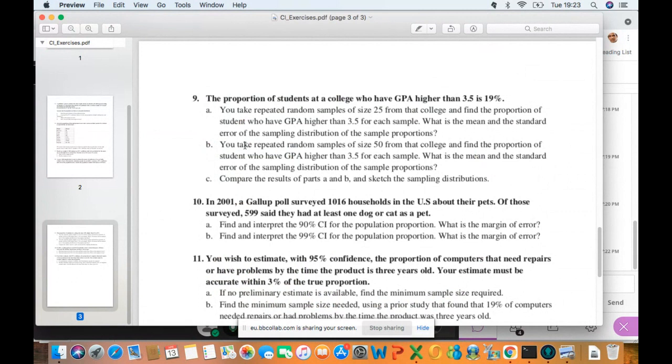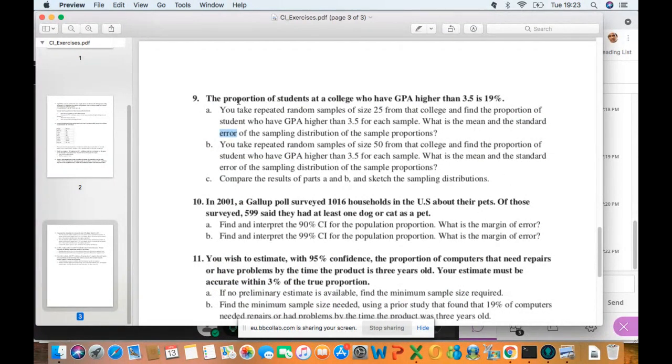What is the mean and the standard error of the sampling distribution for the sample proportions? I'm not going to be interested in the mean. The question I'm interested in is, what is the standard error? So remember what I told you. Whatever is under the Z formula in the division sign, that's your standard error.